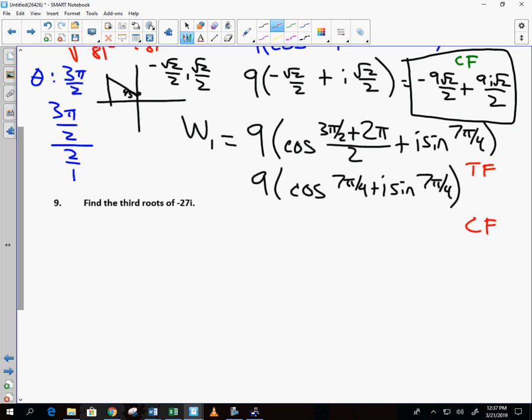Oh boy. I wish I knew what 7 pi over 4 was. Oh, it's 315 over here in the fourth quadrant. 45 degrees. What's my terminal point? Root of 2 over 2, negative root of 2 over 2?